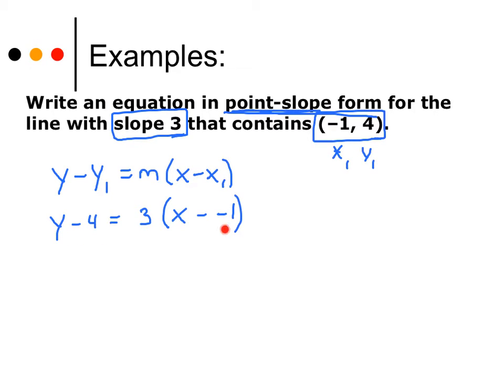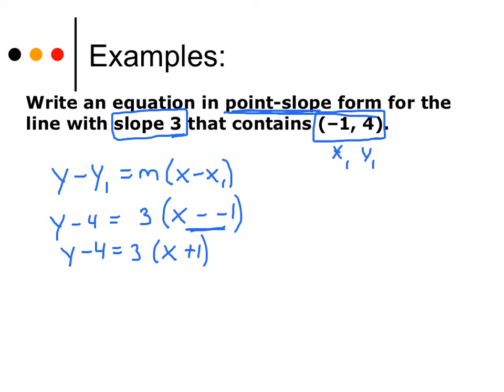All you're doing is substituting here and here. Next, we need to simplify, because y minus 4 equals 3, and anytime you subtract a negative, you're going to keep change, so that becomes x plus 1. And really, that's all you do. This is the point-slope form of a line. Now, what we usually do with this is we actually don't ever leave it like this, but you will for this particular lesson.